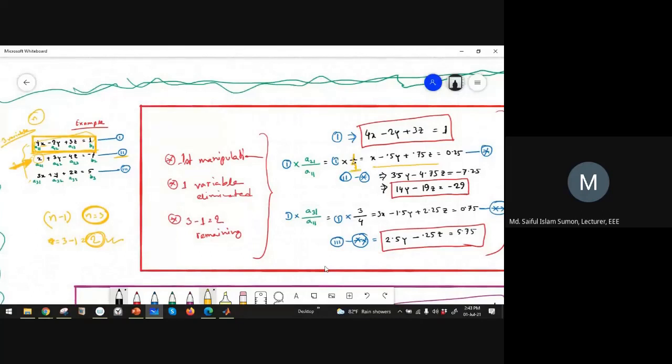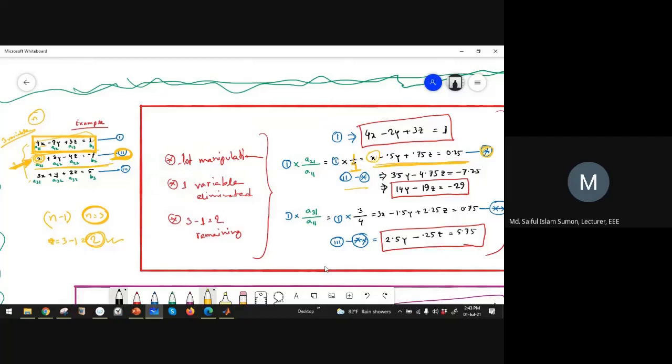Then I am going to get one equation something like this. If I subtract this star from this equation, then ultimately my x will be removed, as both of them are the same.